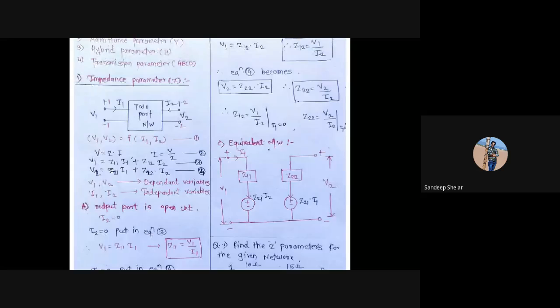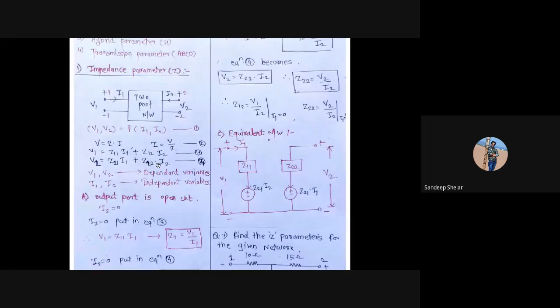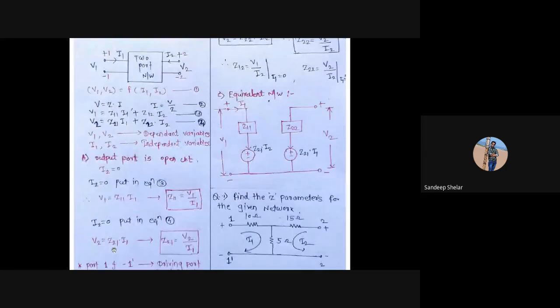Put I2 equal to 0 in equation number 3, V1 equals Z11 I1 plus Z12 I2. Then we obtain V1 equals Z11 I1, so Z11 equals V1 by I1. Putting I2 equal to 0 in equation number 4, we obtain V2 equals Z21 I1, so Z21 equals V2 upon I1.